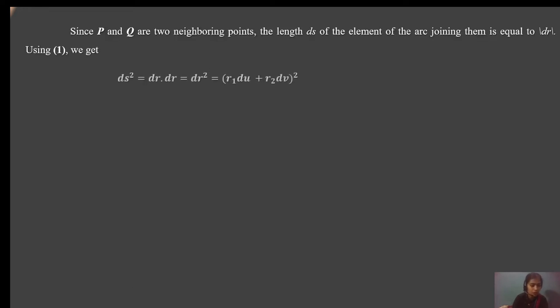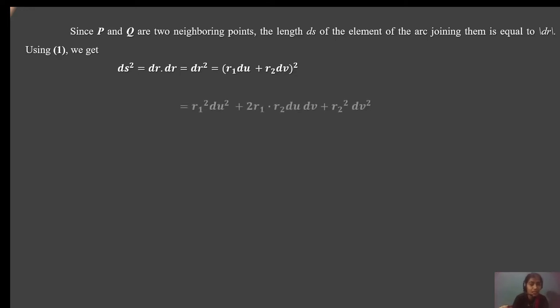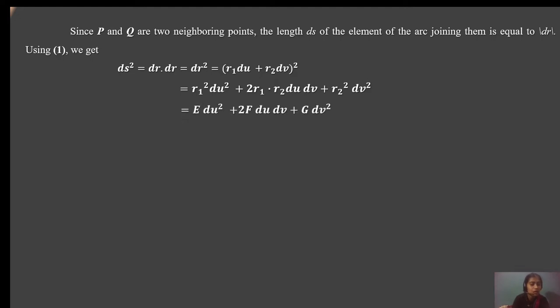Then, considering P and Q as the two points with length ds of the element joining them, that is, mod of dr. Then equation 1 gives ds square equals dr into dr, which equals dr square, that is (r1 du plus r2 dv) square, which is r1 square du square plus 2 r1 r2 du dv plus r2 square dv square.